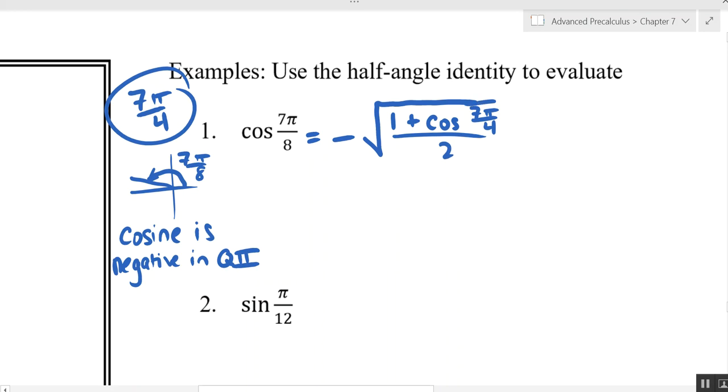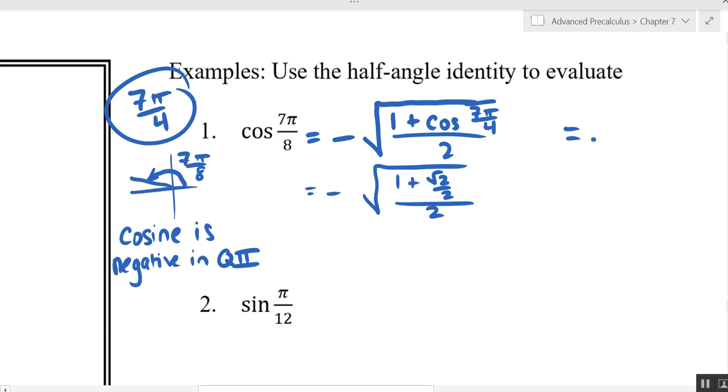So we can evaluate that, and we wind up getting cosine of 7 pi over 4 is negative root 2 over 2. Or excuse me, positive root 2 over 2. And you can simplify that by using baby fractions, multiplying top and bottom by 2.